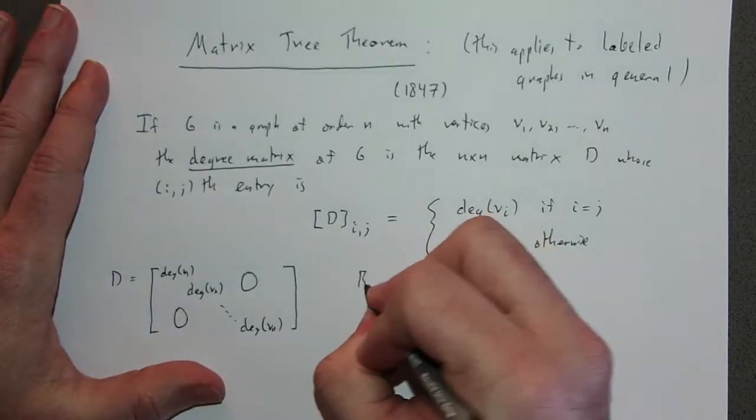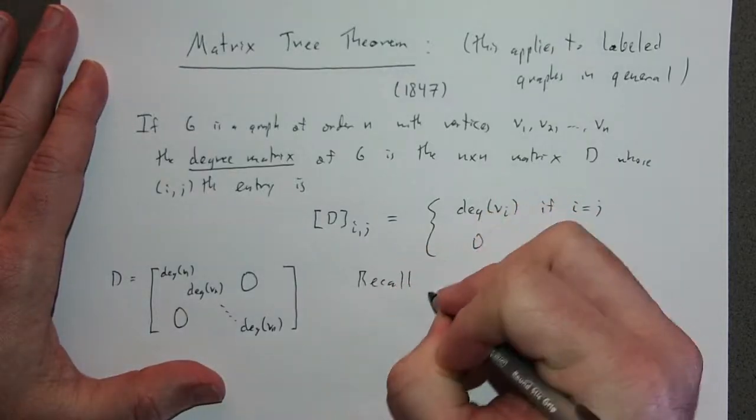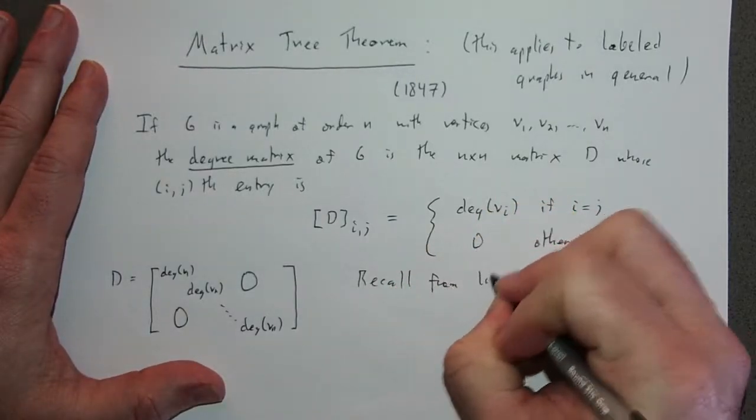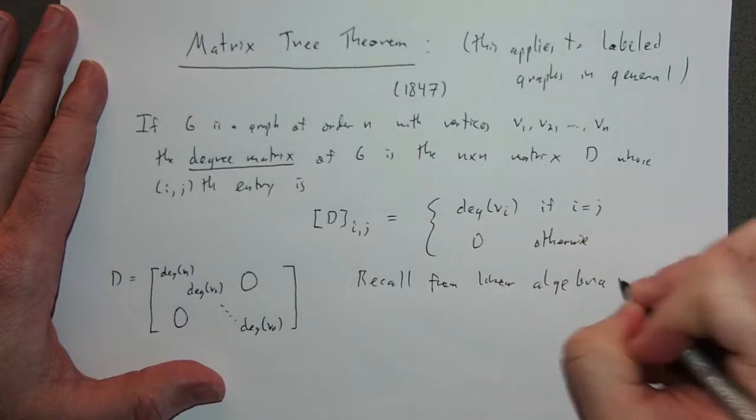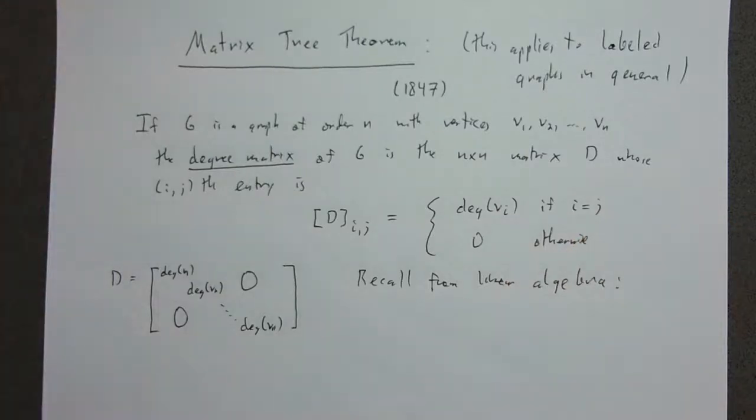Recall from linear algebra: the ijth cofactor of a matrix M is defined to be the following.